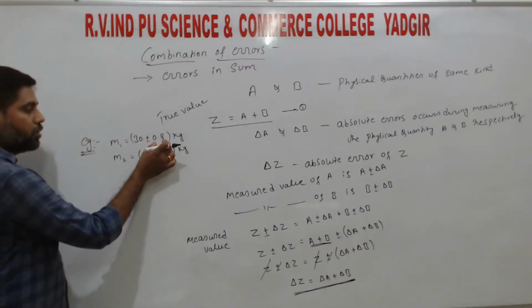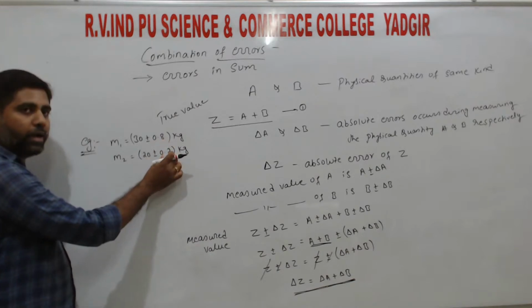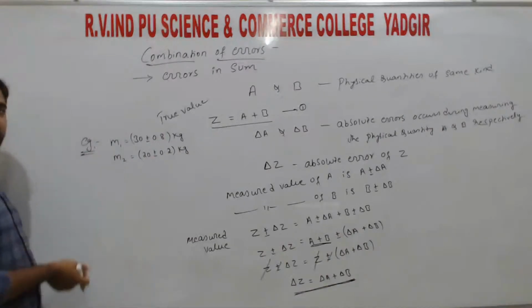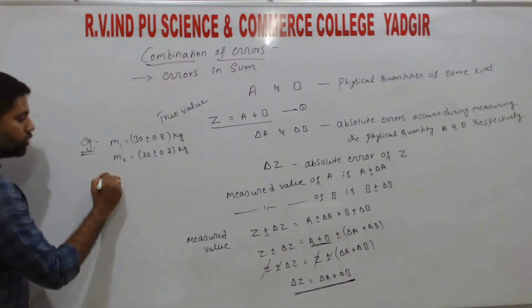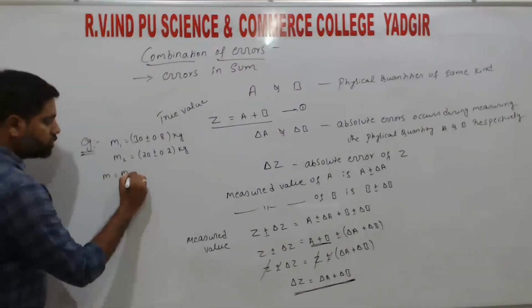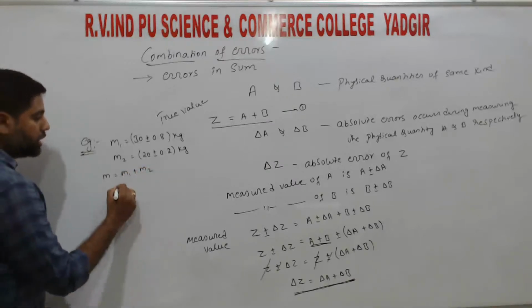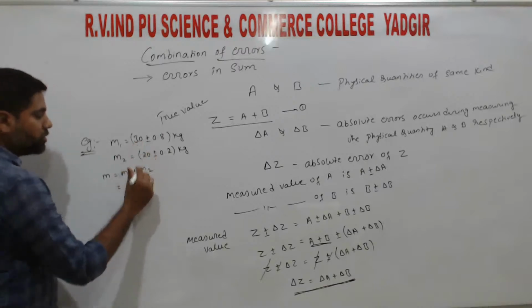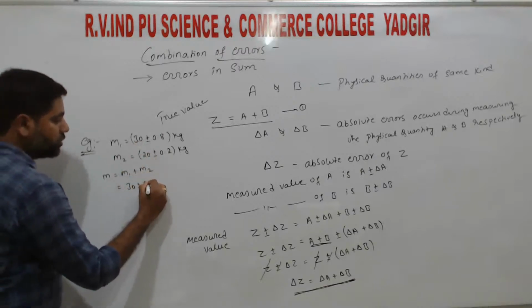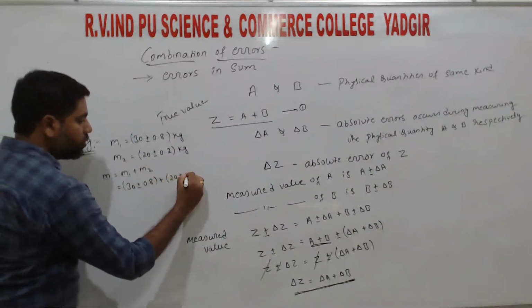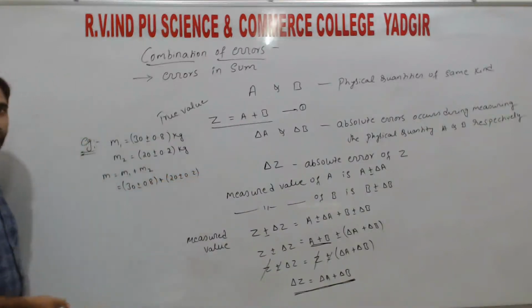So here 0.8 and 0.2 indicate what? Absolute errors, right? So we need to find the error in m, right? So the true value m equals m1 plus m2, that equals 30 plus or minus 0.8 plus 20 plus or minus 0.2, right?